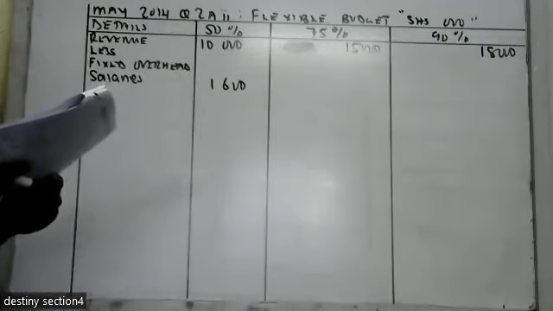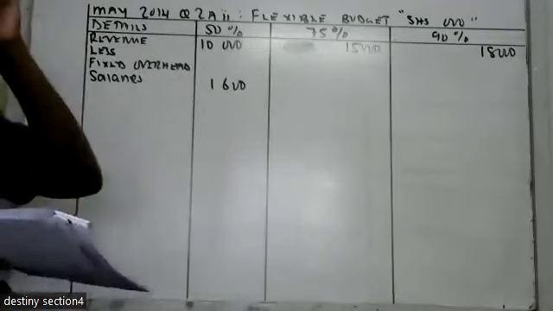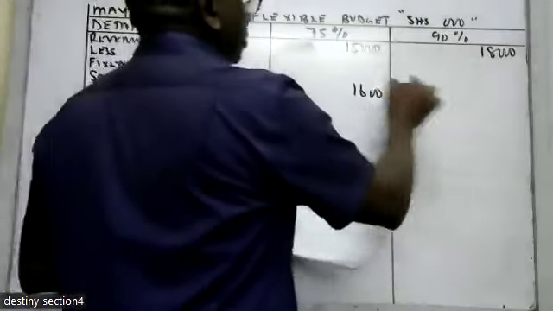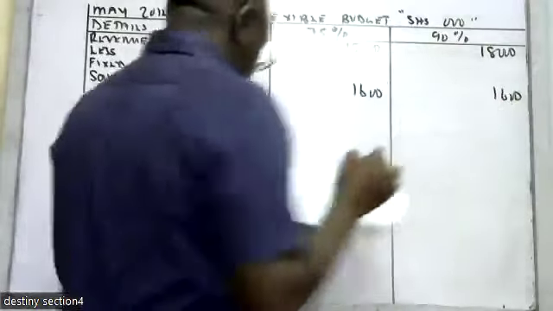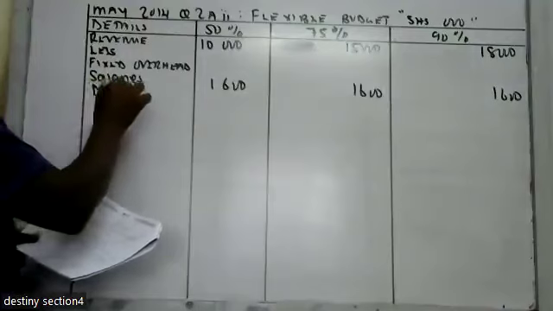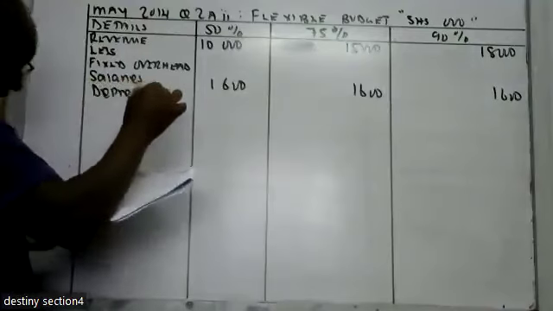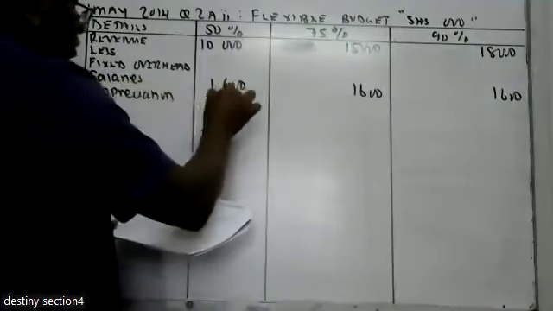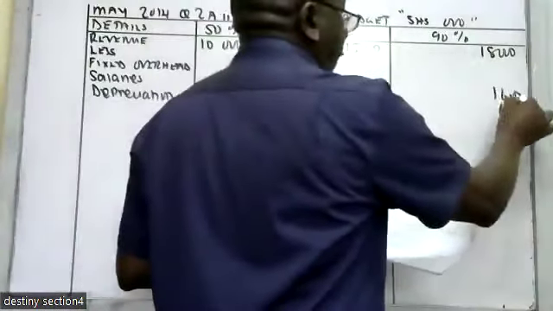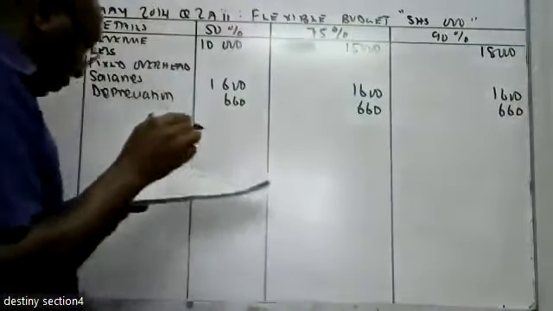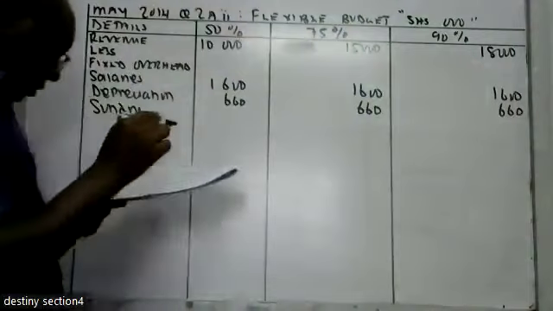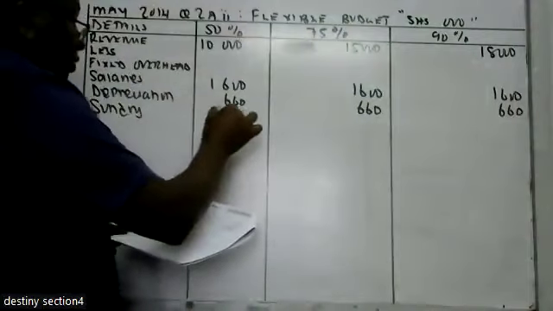So the fixed, they remain fixed, irrespective of what capacity. Ikuja kwa depreciation, they also remain fixed. 660. Then we have the sundry, which is 740.